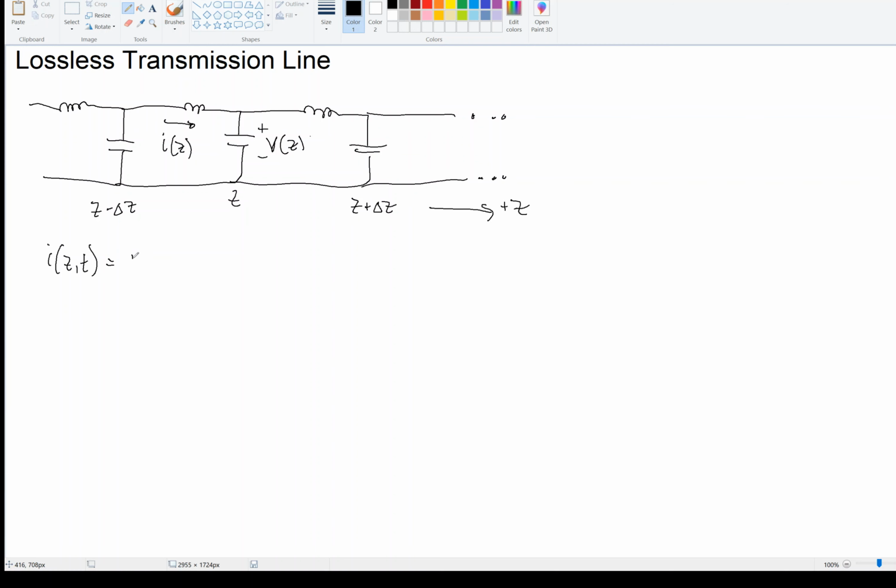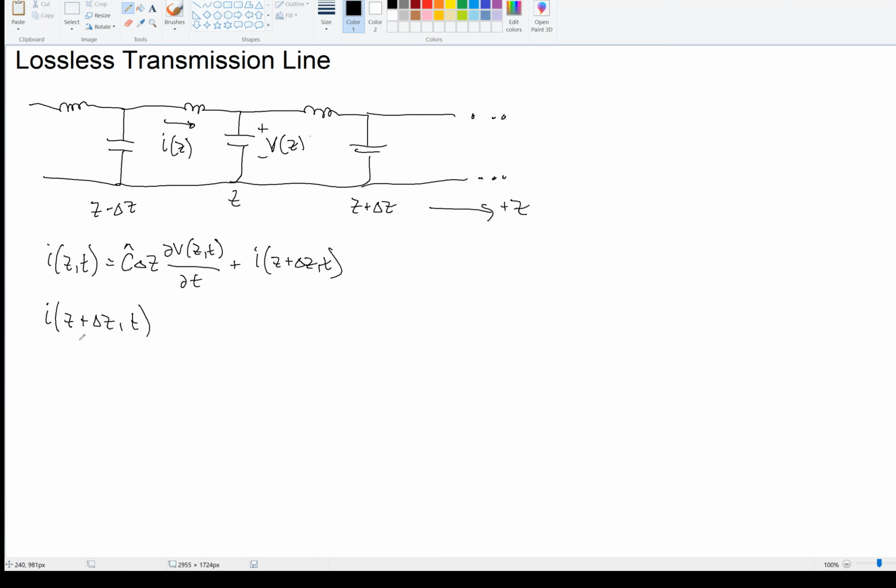So the capacitance is the per unit capacitance times delta z, that's the total capacitance, then dV/dt, plus the current that leaves to the next node, right, like this.